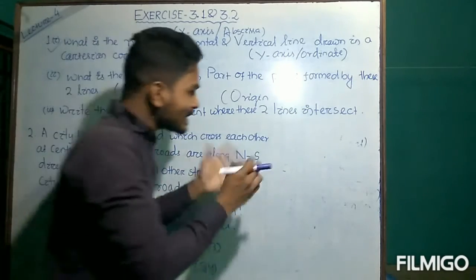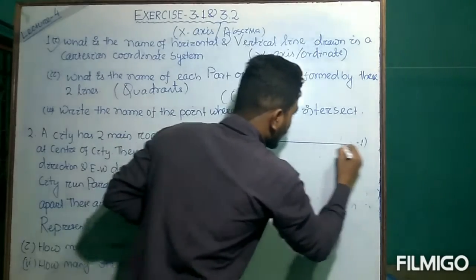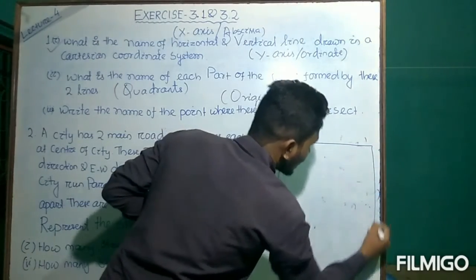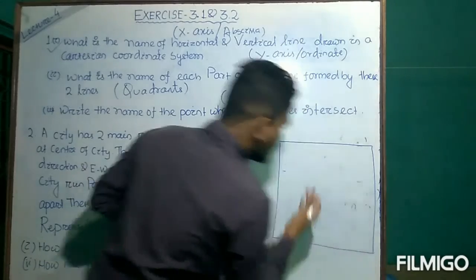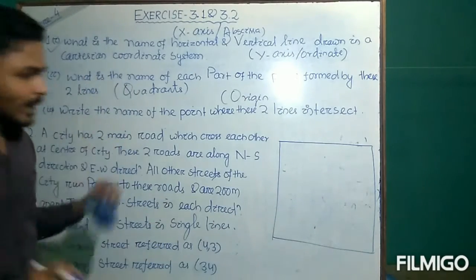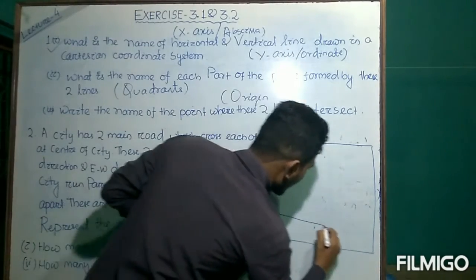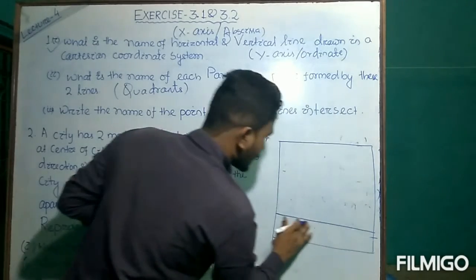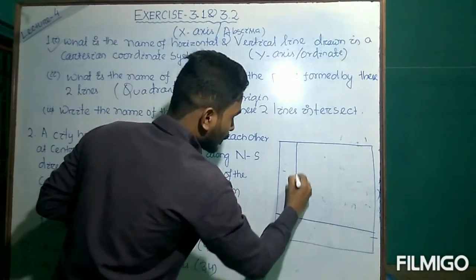So there is a city. Suppose this is a city, and in this city there are two main roads. This is the first main road, and this is another main road.